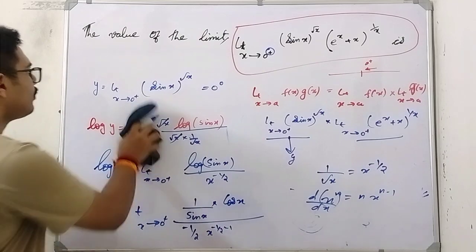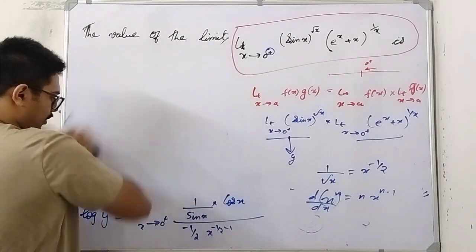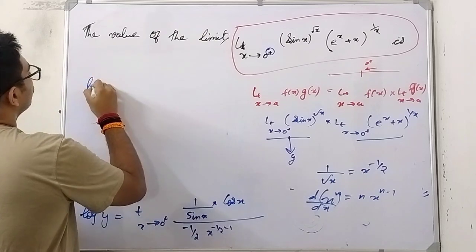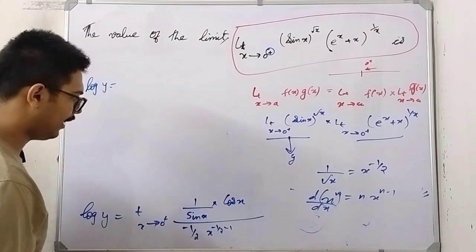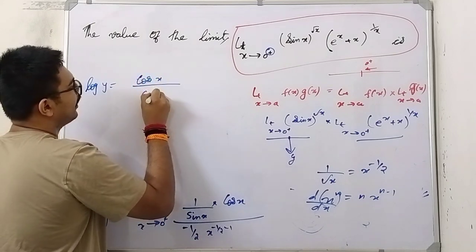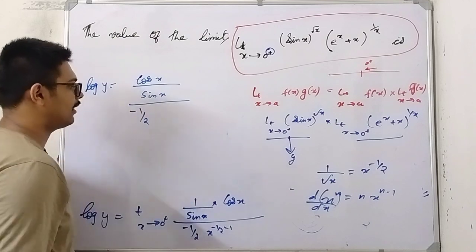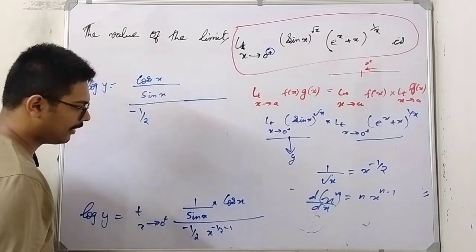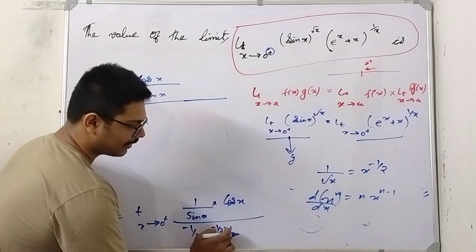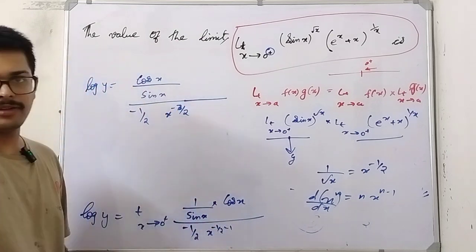Now log y is equal to cos x divided by sin x, the whole divided by minus half on the denominator part, and this will be minus half minus 1, which is x raised to minus 3 by 2.